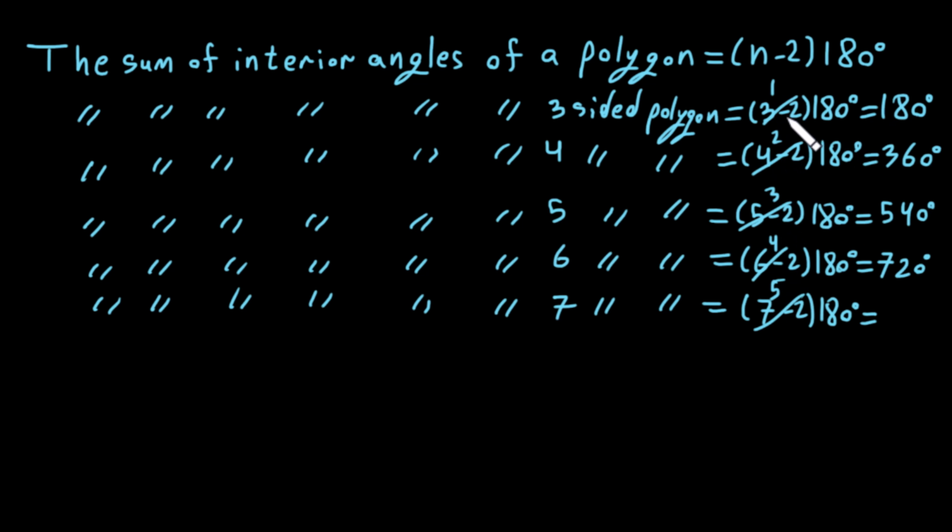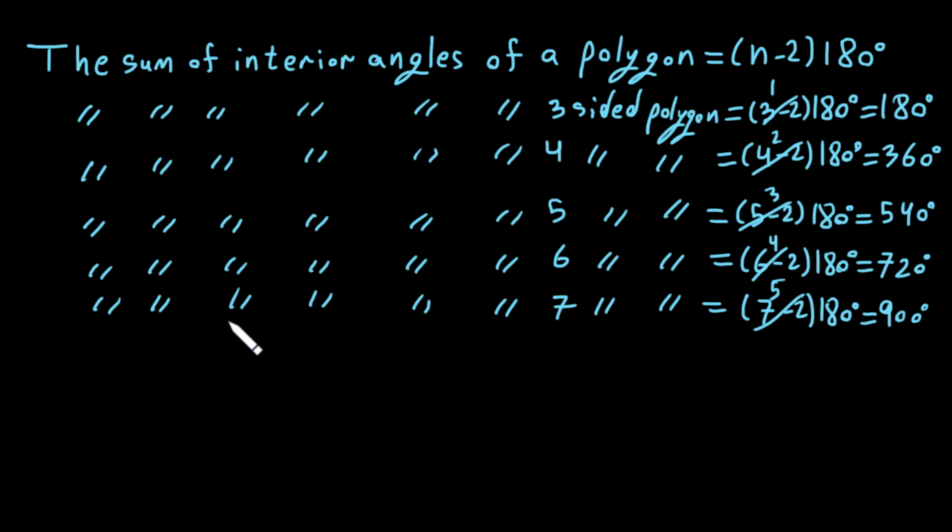So every time we multiply 180 degrees by this number. We just add 180 degrees here. So 700 plus 100 is 800. 20 plus 80 equals 100. So 100 plus 800 will be 900 degrees.